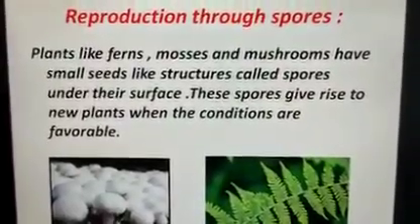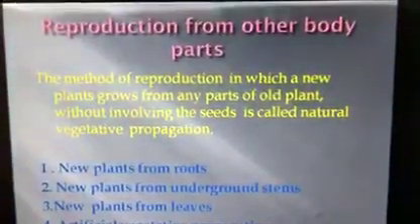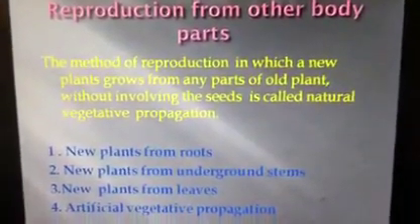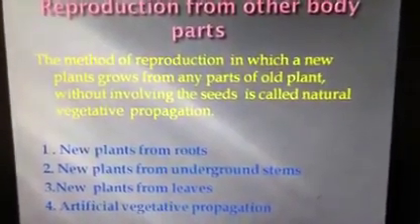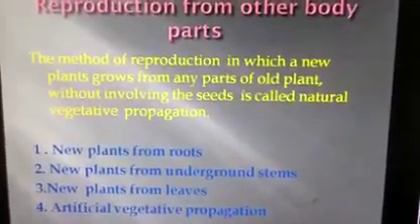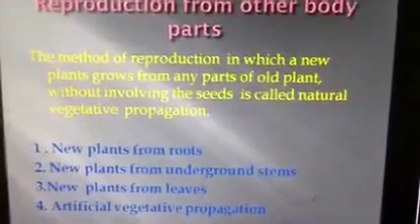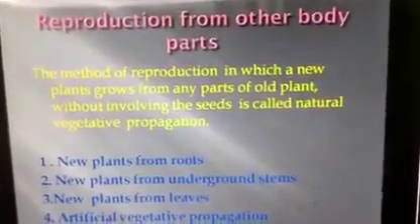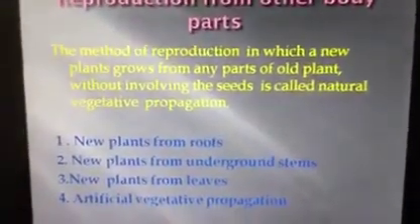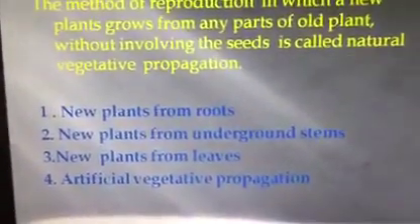Now move to the next topic, reproduction from other body parts. The method of reproduction in which new plants grow from any part of an old plant without involving the seed is called natural vegetative propagation. Reproduction from other body parts has four methods.